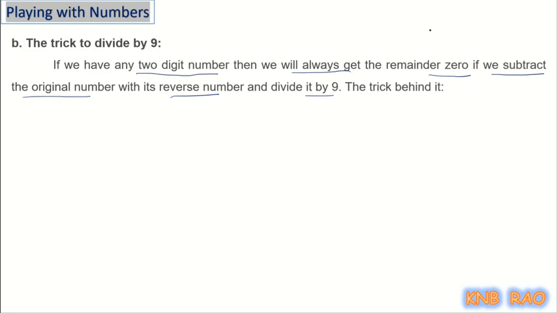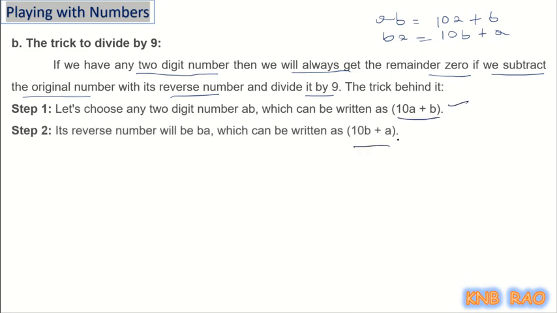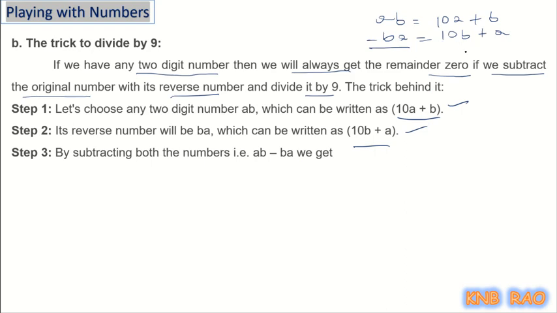It is just simple because we have a 2-digit number AB, that is 10A plus B, the reverse is BA, that is 10B plus A. If you take their difference, 10A plus B is the original number and 10B plus A is the reverse of the number. 10A minus A gives you 9A, and B minus 10B gives minus 9B, and taking 9 as common, 9 times (A minus B).